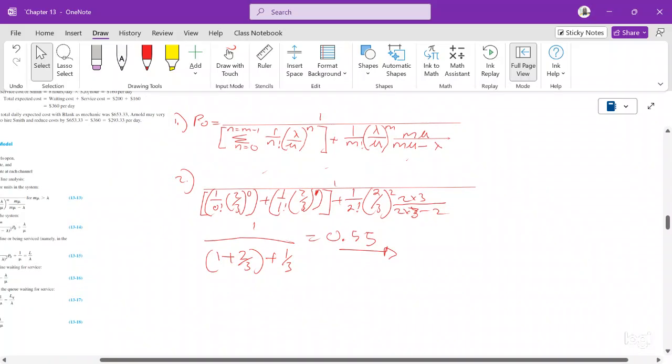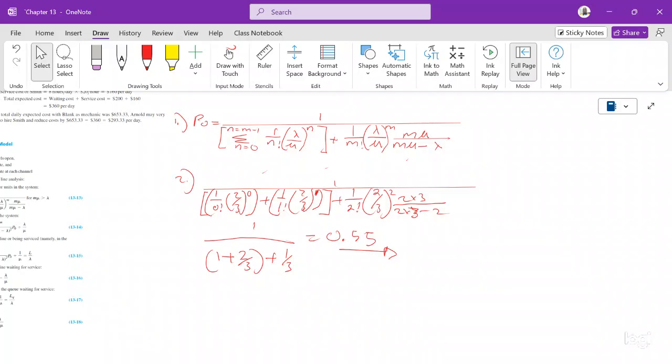Okay, 1 over that 0, plus 2 over that, then m, then 2 times 3 minus.